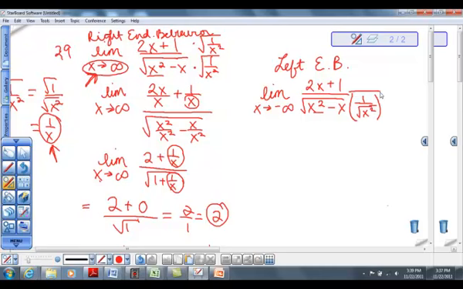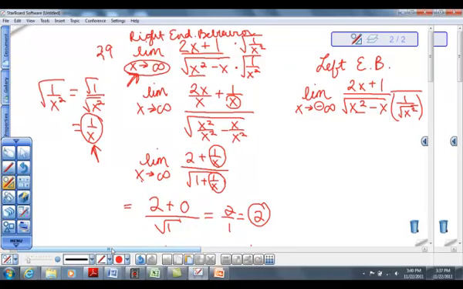But here's the thing. What we're doing now is x approaching negative infinity. I hope that back when I was doing this problem earlier, when I simplified this, some of you were thinking, oh, but hey, the square root of 1 over x squared would be equal to plus or minus 1 over x.